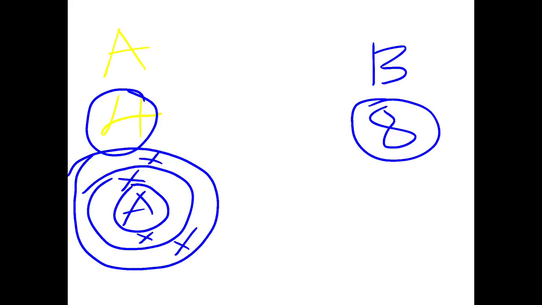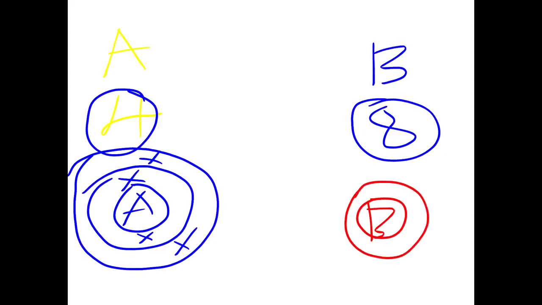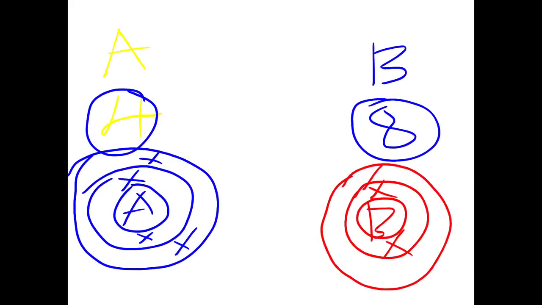But if you were to draw the atomic structure for B, it would look like this. We would have B here with the first energy level with 2 electrons, and then the next energy level with a total of 6 electrons.